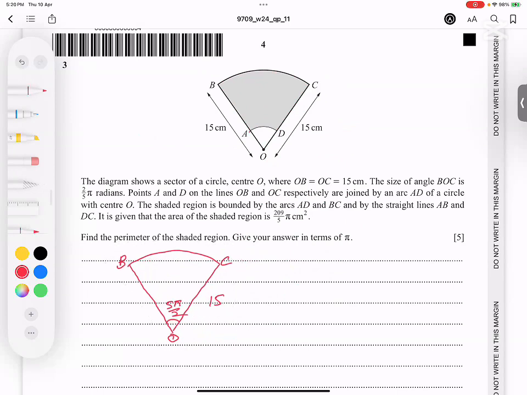If I make this arc, and this A, D, O, and make this arc separate, I believe you understand. So if you subtract them, I get the shaded area. It means the bigger sector area minus the smaller sector area gives you the shaded area.